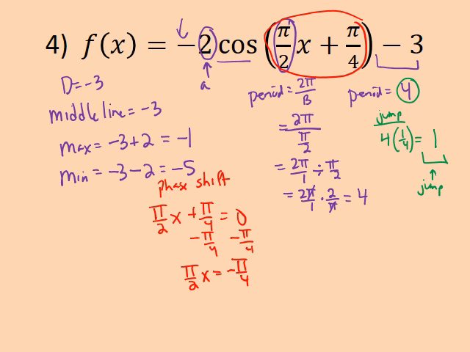Now we're going to isolate the x, so we're going to multiply by the reciprocal, 2 over pi. When we simplify, we end up with negative 2 over 4, because our pi's are going to cancel, and negative 2 over 4 is negative 1/2. So our phase shift is x equals negative 1/2. So we're going to shift 1/2 unit to the left.